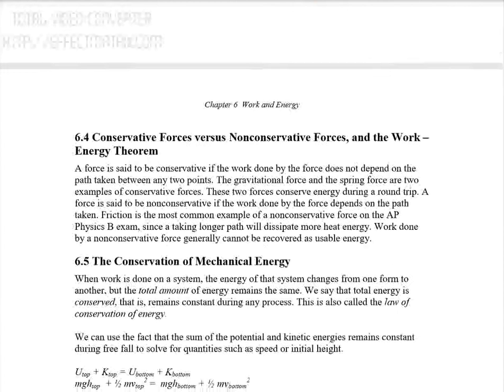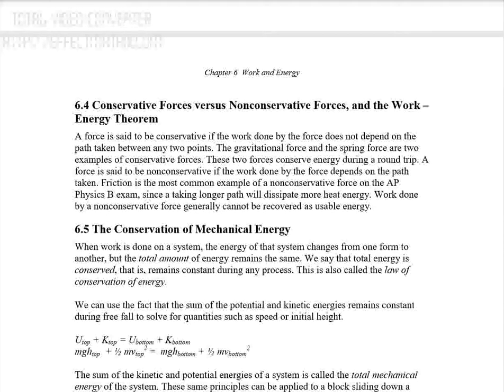The fourth point is conservative and non-conservative forces. When we say a force is conservative, the work done by the force does not depend on the path taken between 2 points. If we have 2 points and we move in one pattern, or another, or another, in many ways, and the work done is independent of that path, we can say the force is conservative.